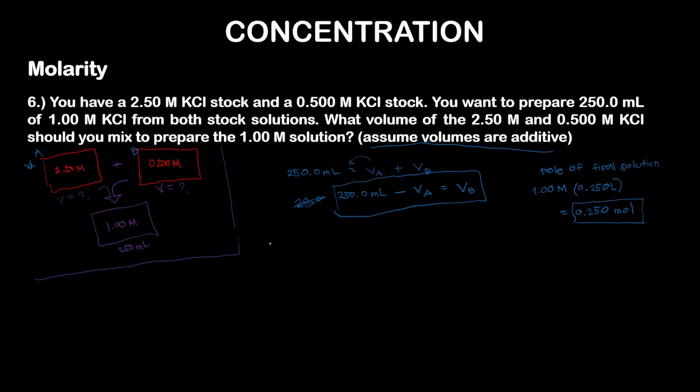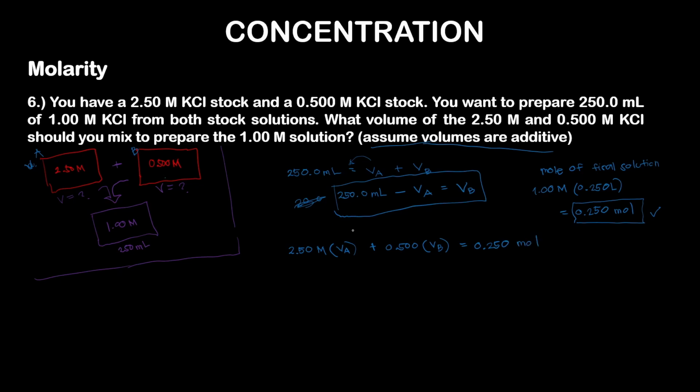Okay. Now, we can do this as well with our stock solutions. So we can calculate the moles from the stock solutions. So 2.50 molar times VA, okay, plus 0.500 molar times VB should be equal to the final mole, 0.250 mole.